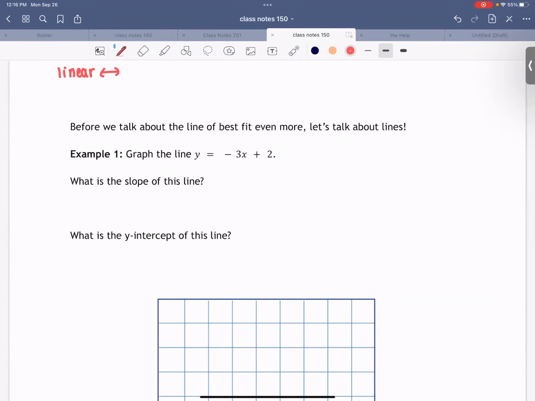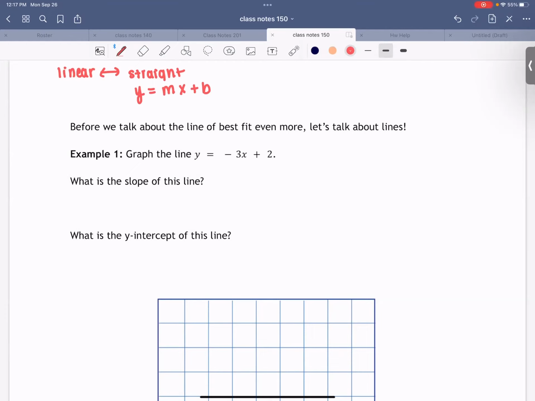Good. So linear just means straight. It doesn't curve or anything like that. And linear lines have a specific form. You might have heard this before, but it has the form y equals mx plus b. So whenever you see an equation that looks like this, it's a linear line.